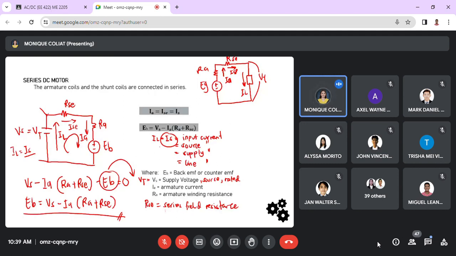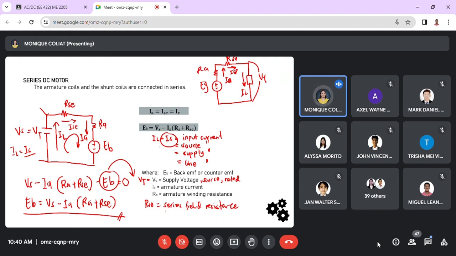Okay, so pagka naka-series, equal lahat na currents na nagpo-flow, di ba? That's why your IA equals ISE equals IS. Okay? Then to get your back EMF, mag-KVL: VS minus IA times (RA plus RSE) minus EB.